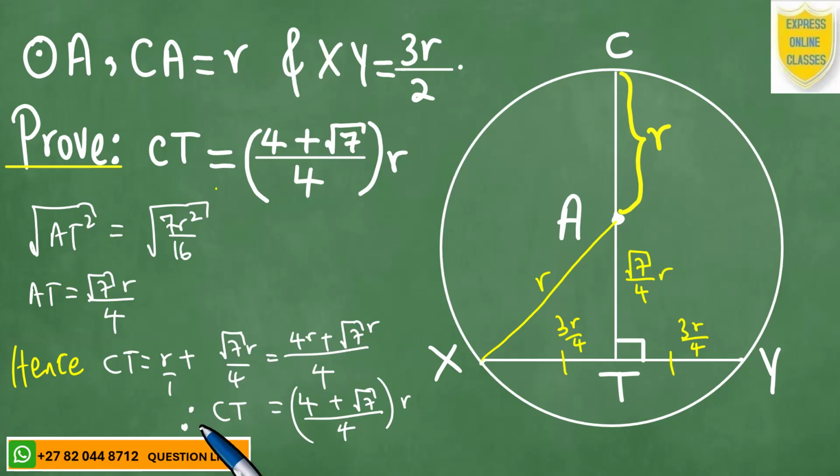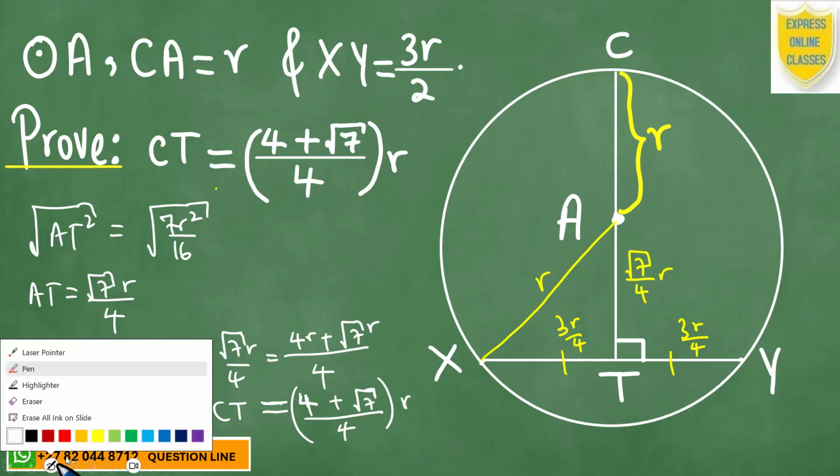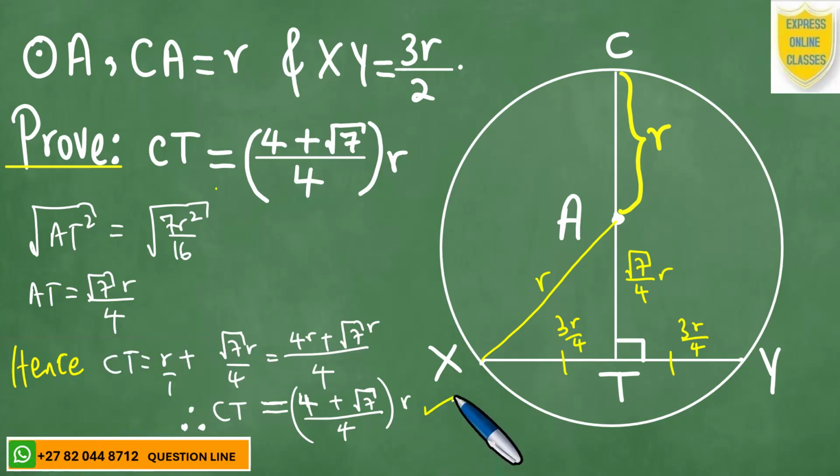So CT is 4 plus the square root of 7 all divided by 4, times r. Therefore, this is the answer. It is exactly the answer to the question, and it's exactly what we were to prove here.